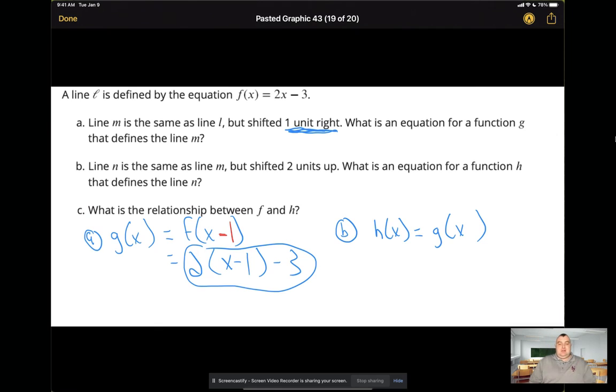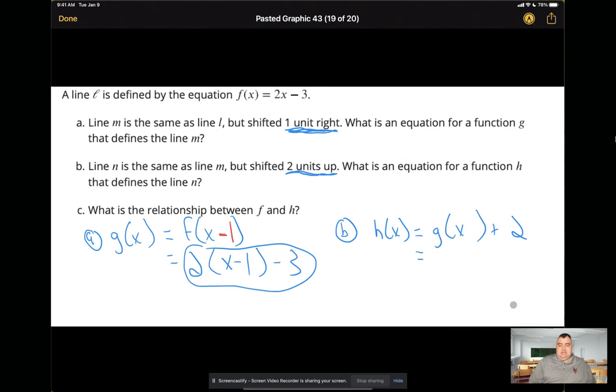This time we're doing a vertical shift up, so that's going to go outside, and we're not going to do the opposites. So this is going to be g of x, and then I'm going to put plus 2 outside the parentheses.